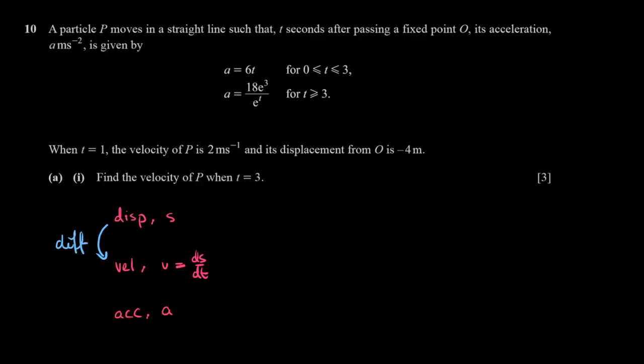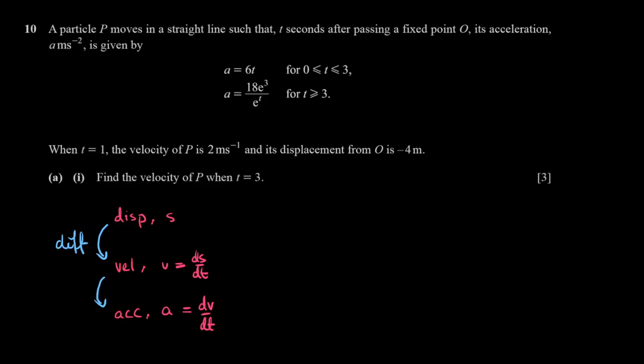And the same thing is true if we think about acceleration, because the definition of acceleration is the rate of change of our velocity with respect to time. So we can write acceleration as dv dt, which means that if we differentiate velocity, we will get acceleration. Now, if that's true, we can also say the reverse.